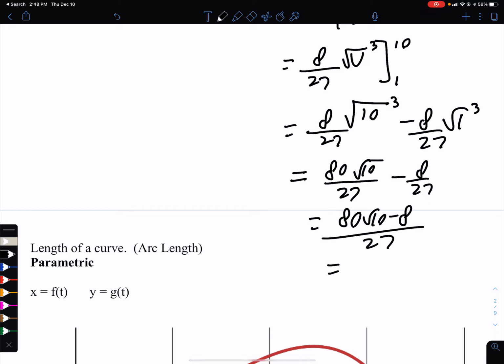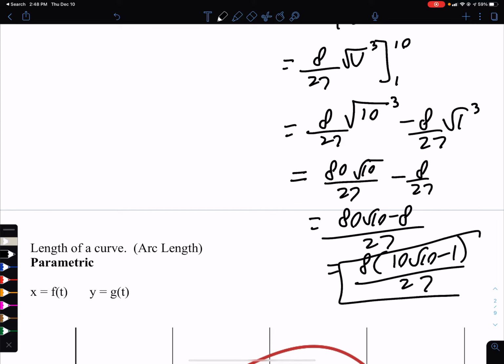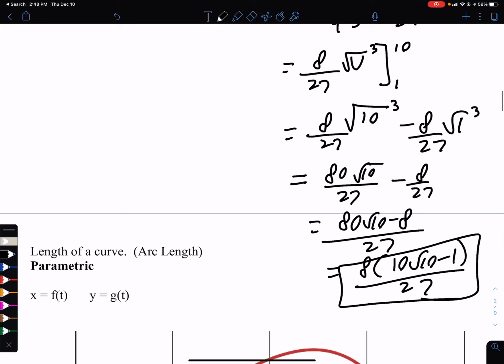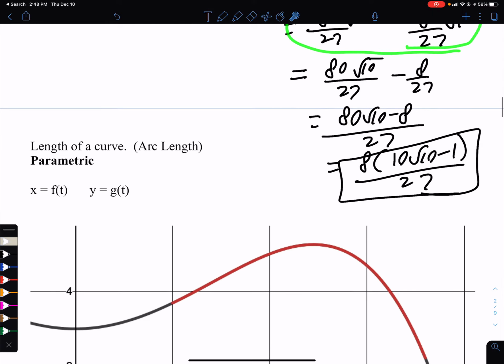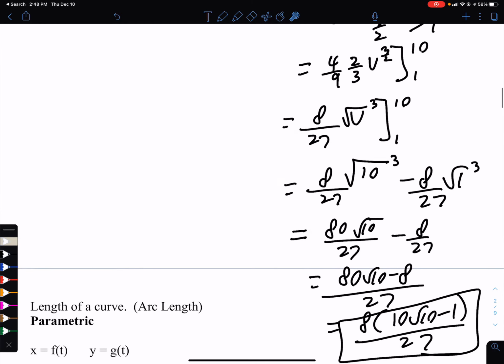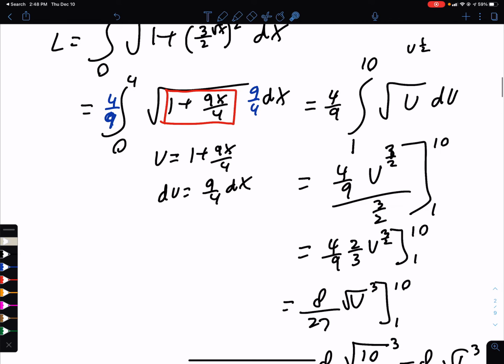You can factor out an 8: 8 times (10 radical 10 minus 1), over 27. Now, in all actuality, you could have stopped right there. You didn't have to go further. But that is how you find arc length using that formula.